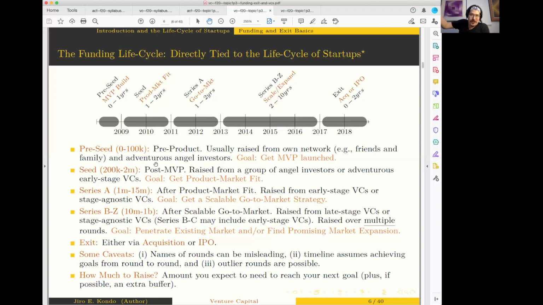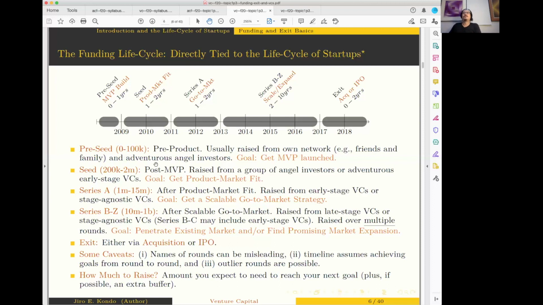So the first example of us thinking about things that way is this funding question, the funding life cycle. The basic idea is that the way funding happens and the characteristics of funding we see naturally evolve with the actual life cycle of the startup that we've already talked about.